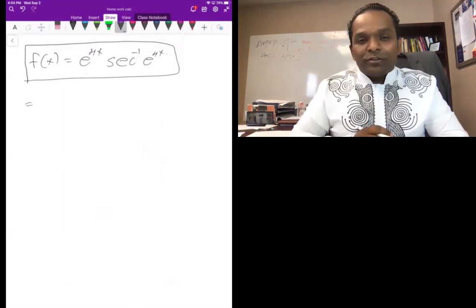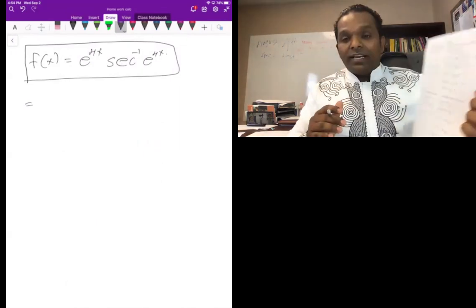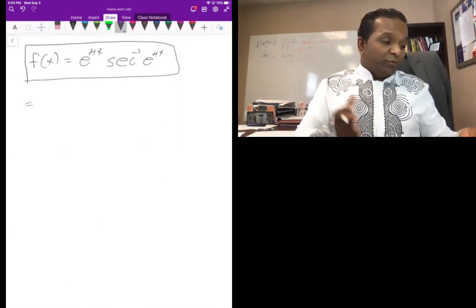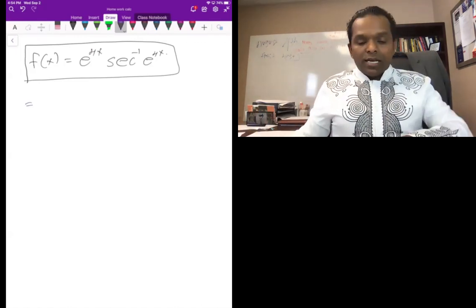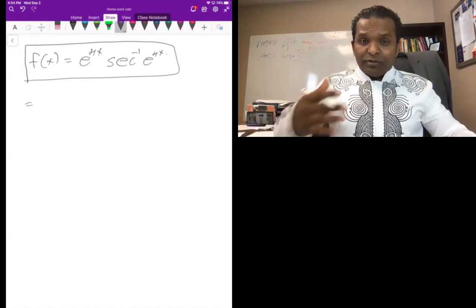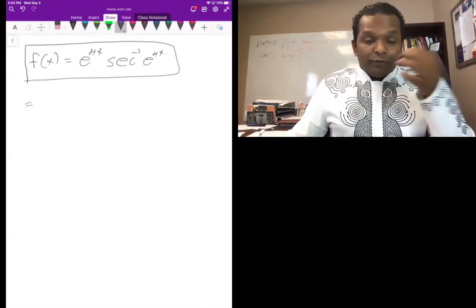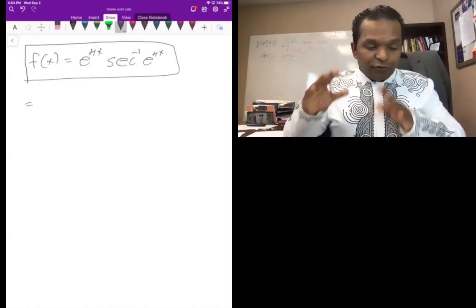So we use the product rule plus a formula sheet with the inverse trigonometric function formulas. We need to know those functions, because when we integrate arc secant of e to the 4x, we have to have that formula.